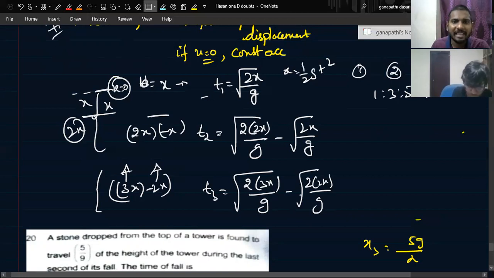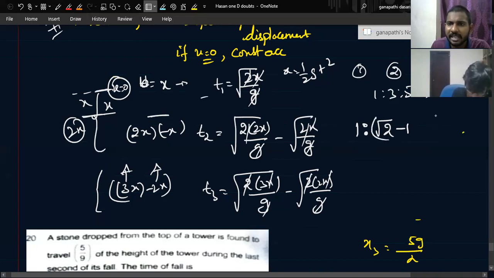Then if someone asks ratios, we can cancel 2g, 2g, everything; we can take the common root 2 by g and cancel. The x also we can cancel. The answer will be 1:2 root 2 minus 1:2 root 3 minus root 2.